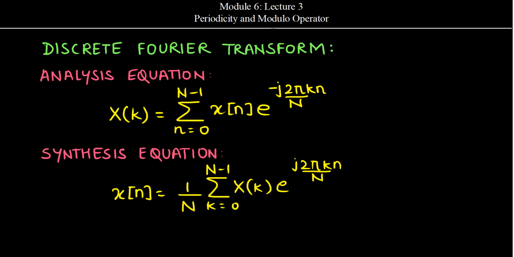In the previous lectures, we have introduced the concept of discrete Fourier transform, we had derived the analysis and synthesis equations, and we had also seen an example for finding the discrete Fourier transform for a discrete time signal. And we had also seen that the value of N should be chosen greater than or equal to L in order to obtain the proper DFT, where this L is the length of the signal.